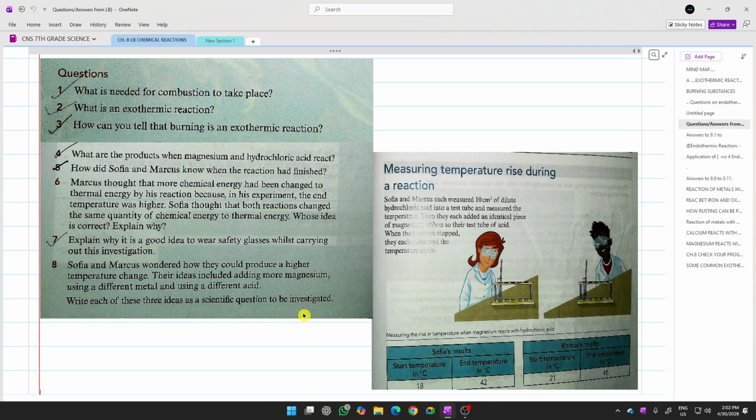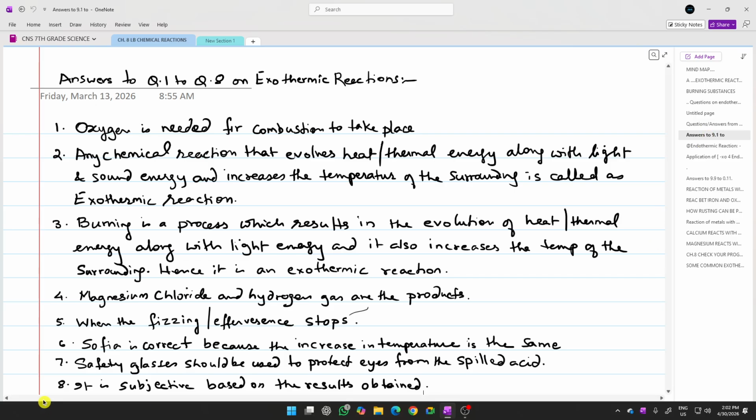Suppose you take some other metal which is more reactive than magnesium, then it may happen that the rise in temperature will be more. But if you take a metal which is less reactive than magnesium, then the rise in temperature will not be more, on the contrary it will be less. So the answer is subjective, based on the result obtained.